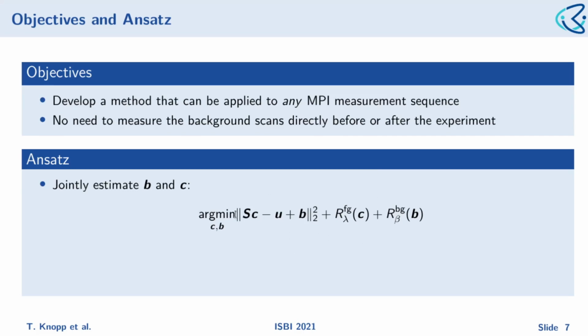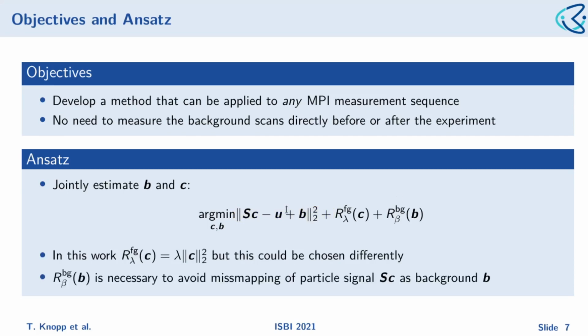We have a data discrepancy term that includes the background B, and we have two regularization terms for c and B. For c, we will use an L2 prior, which is common in MPI. We note that the regularization term for B is mandatory, since without it, c equal to 0 and B equal to u would be a solution of the minimization problem.